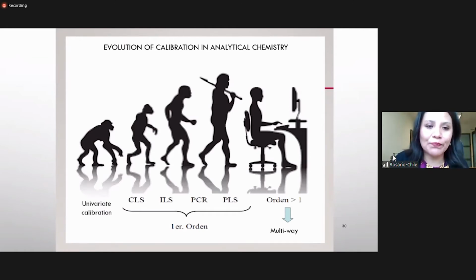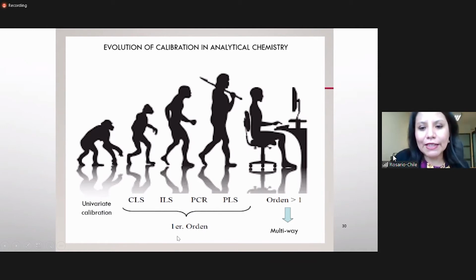Okay, so in the analysis of data for quantification and calibration, if we use only one variable, maybe we are at this level of univariate calibration. And if we use a matrix of data or use several variables simultaneously, we are using first order calibration methods.